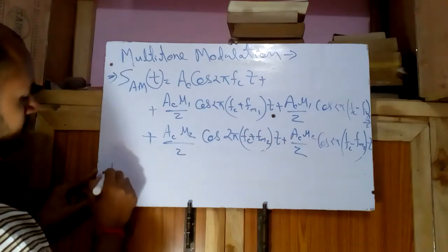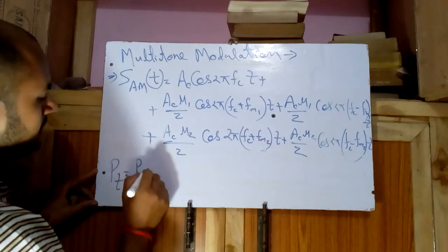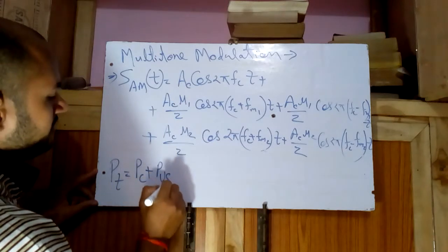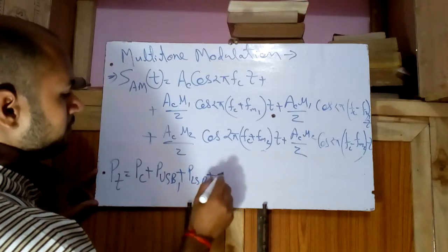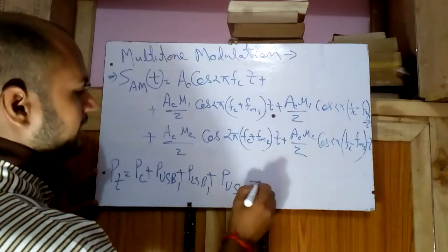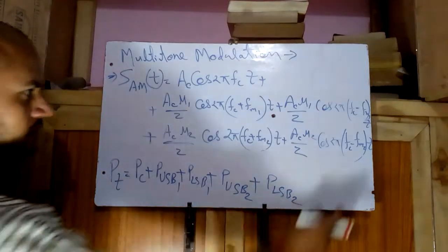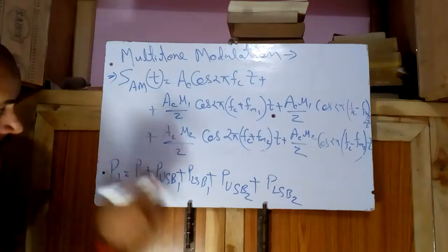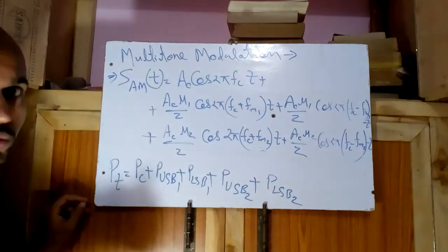So the power PT will be PC plus PUSB1 plus PLSB1 plus PUSB2, upper sideband second, and PLSB2, this component. So all this will have Ac square by 2R.